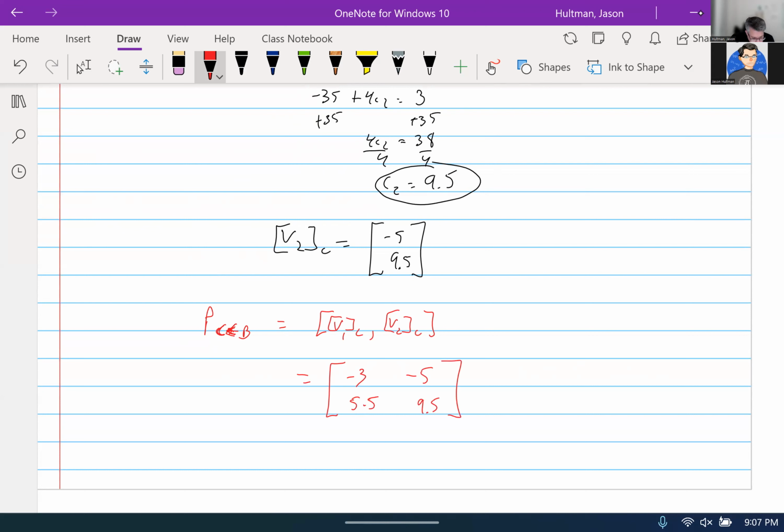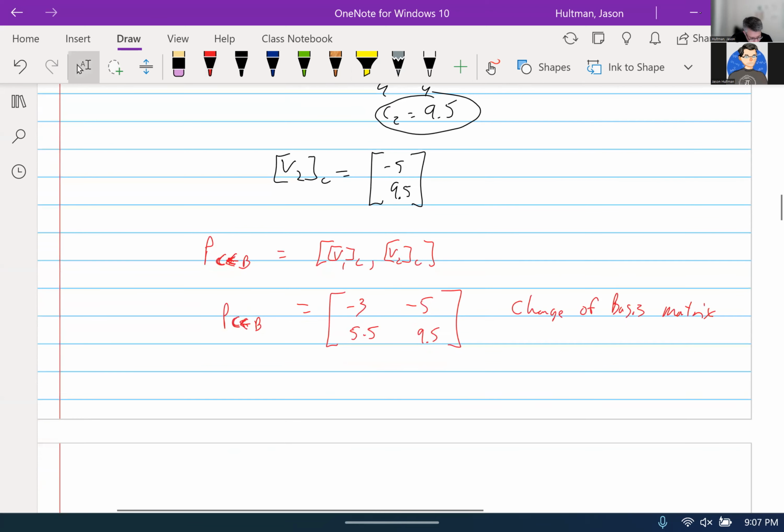And this is my change of basis matrix. This changes vectors that were in base B to base C, so B to C.